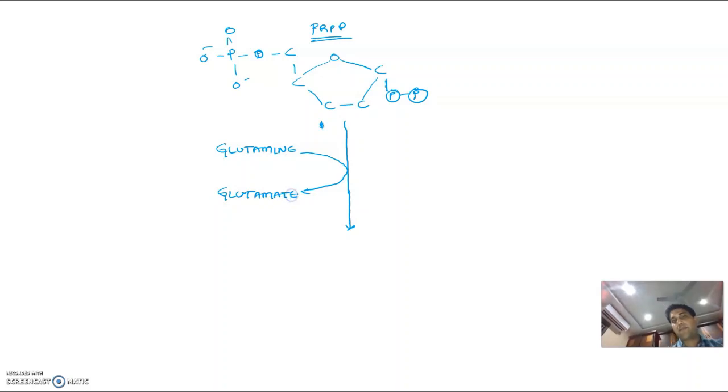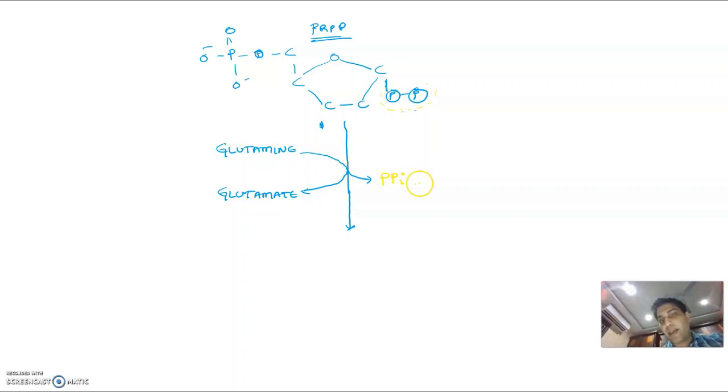So what happens if glutamine loses an amino group? It forms glutamate, and at the same time these two phosphates are liberated as PPi.